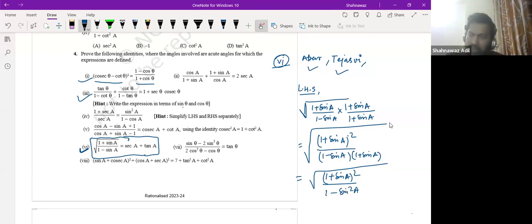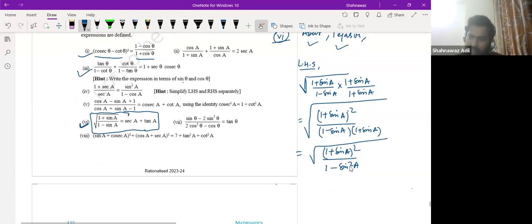What is 1 minus sine squared, Abida? This is cos squared, right? So we have got cos squared, and the numerator is also a square, so both are squares, and we can take them outside of the root.